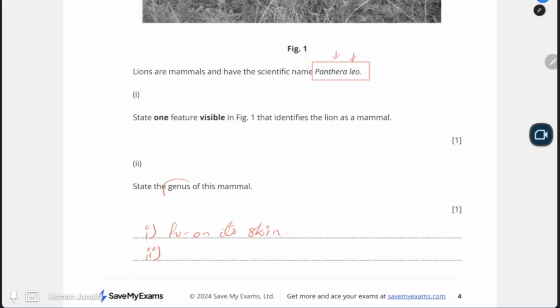Second one, we're looking at genus. Whenever we write the genus and the species, we write genus first, which is capital, and then we write species, which is small. So, which one is the genus? The genus is Panthera. Yes, Panthera.